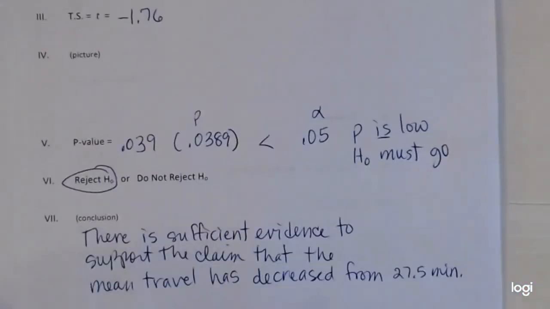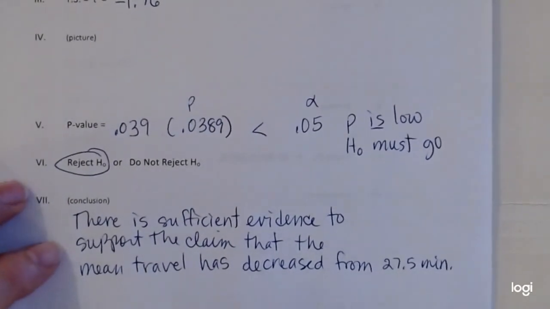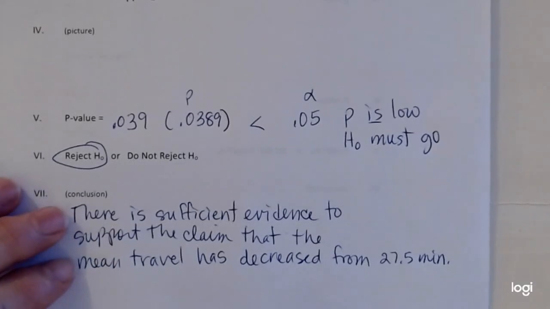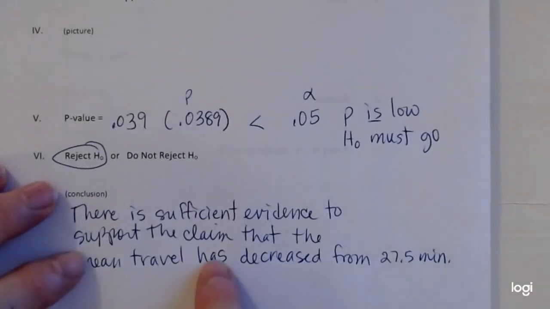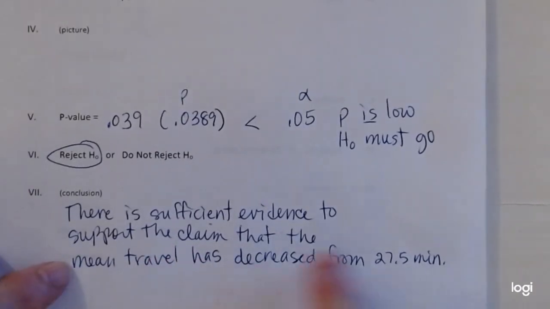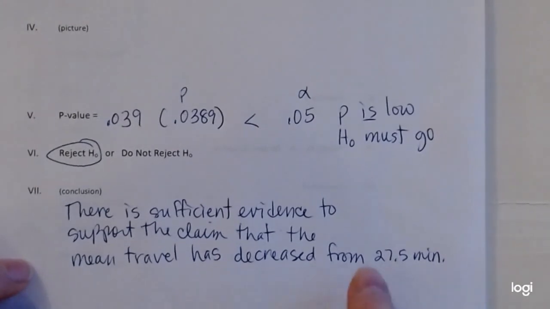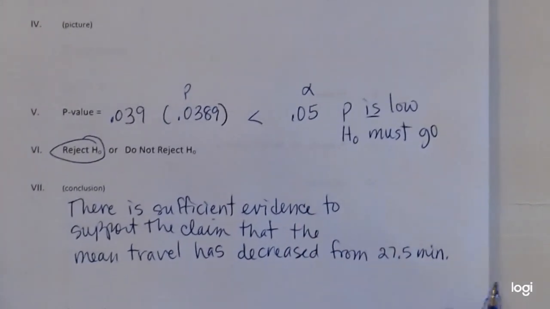Now we don't say anything about now it's equal to 27.2 minutes. That was just one sample. But from that sample in the test we ran, the conclusion is that the evidence supports the fact that the mean time has gone down. We still don't say that it's equal to just that one sample value.